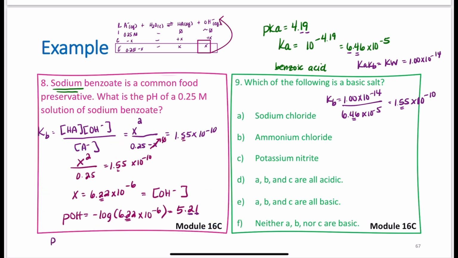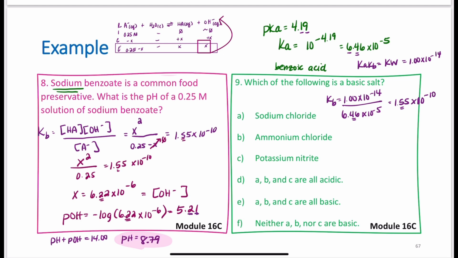But I really need pH. pH plus pOH equals 14.00. So if I solve this, my pH has to be equal to 8.79. I then ask myself, does my answer make sense? And I say, well, I've got sodium benzoate, which I know is a base, and my pH is above 7. Yes, my answer makes logical sense.